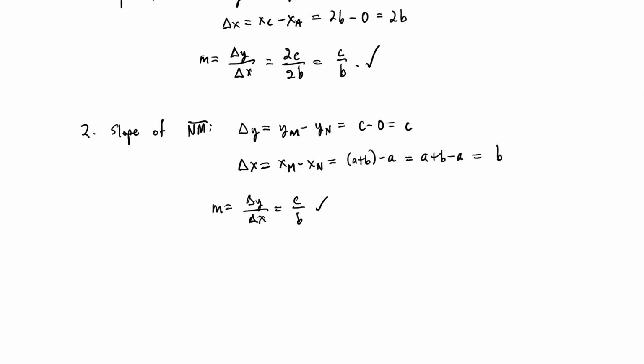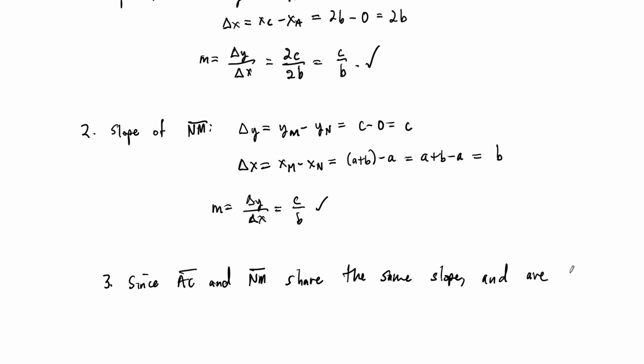If two line segments have the same slope, then they are parallel. So our conclusion is that since line segments AC and NM share the same slope, and they're distinct segments, so they don't share any common points, in other words, they're not the same line, then we can conclude that AC is parallel to NM.